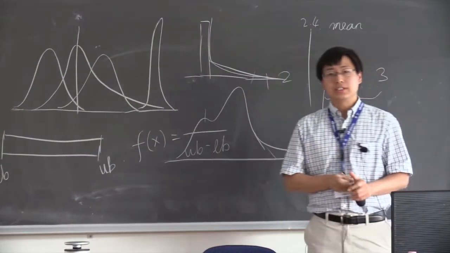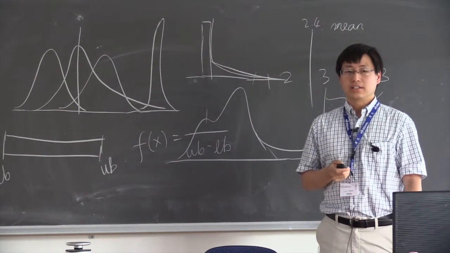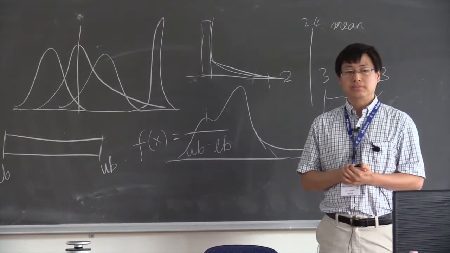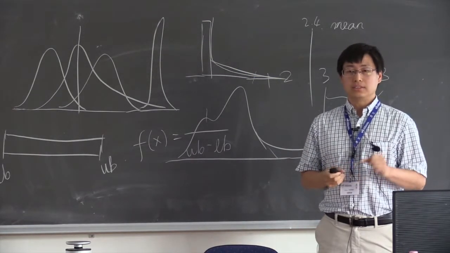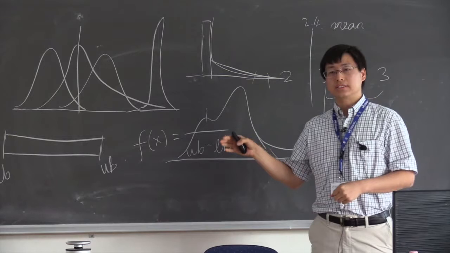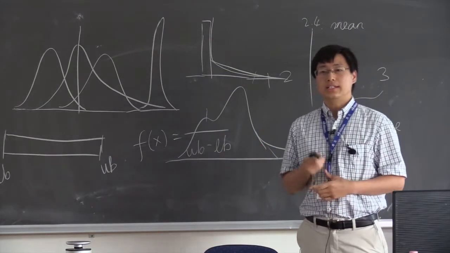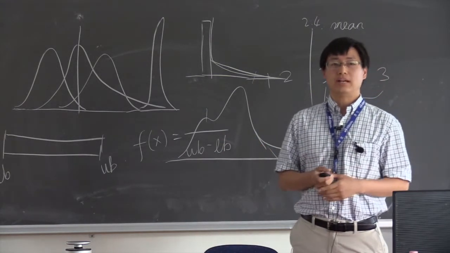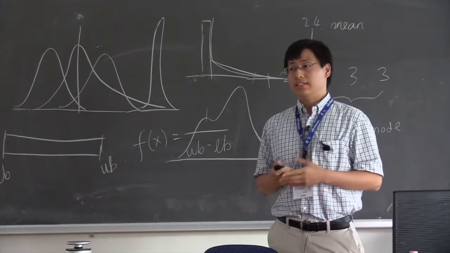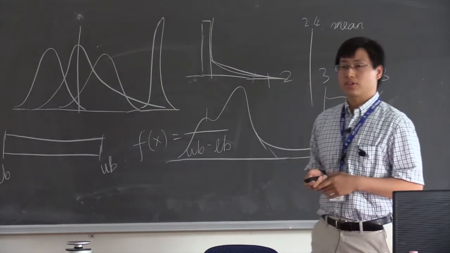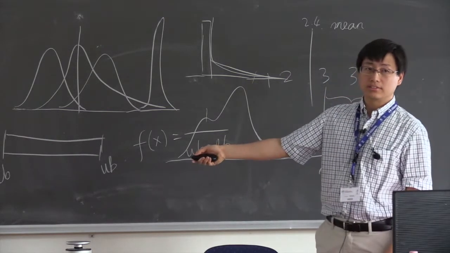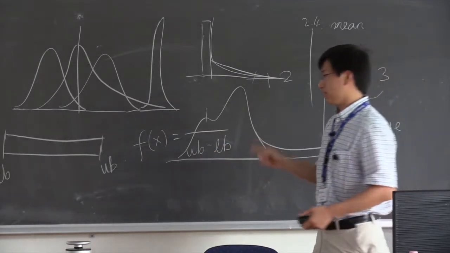So now you see you already have a basis. If someone tells you for this parameter the lower bound is 5, upper bound is 10, then you say it is a uniform distribution. It's not because I'm just assuming it, or I just want to make this choice. You have information theory to confirm that it is uniform.